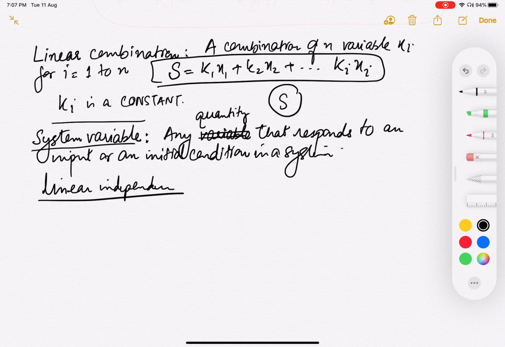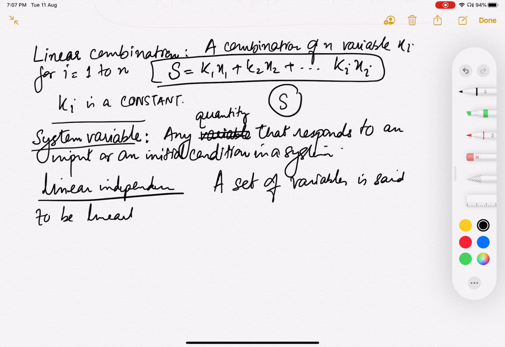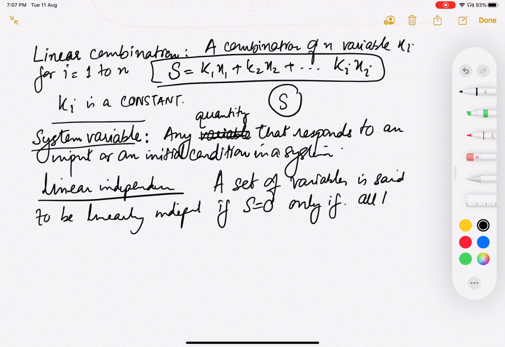A set of variables, again these system variables, is said to be linearly independent if S is equal to 0 if and only if all k's, k1 to ki, are equal to 0, and no xi is equal to 0.